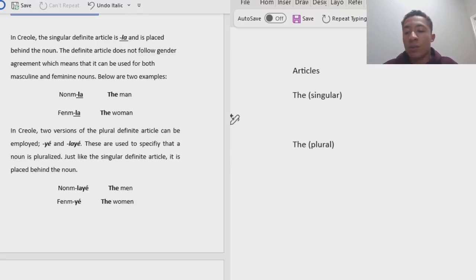However, in Creole, for your singular, we actually have the ability to place the definite article behind the noun.